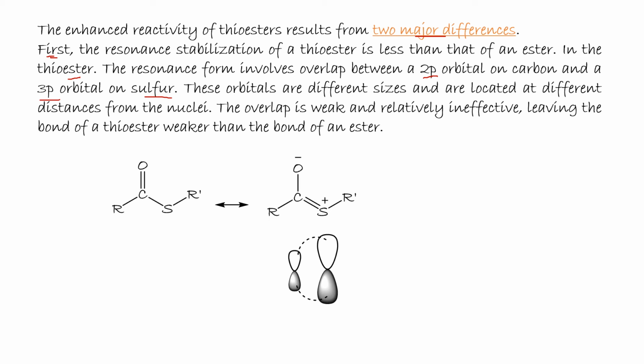The overlap is weak and relatively ineffective, leaving the bond of the thioester weaker than the bond of an ester. Here is the resonance structure: the lone pair from sulfur is delocalized to give O minus, a single bond to carbon, and a double bond to sulfur with a positive charge. This resonance structure contribution is weak.